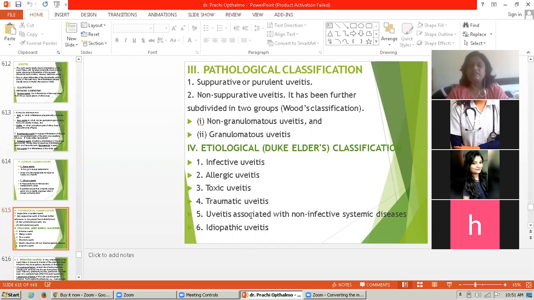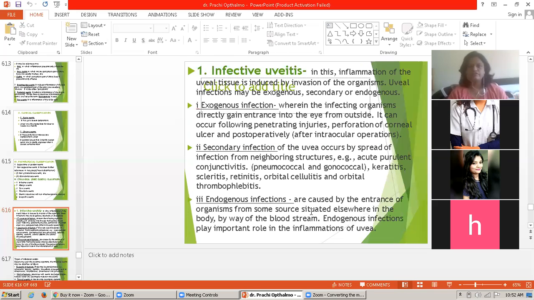And fifth is uveitis associated with non-infective systemic diseases. Firstly, in the patient there are systemic diseases, but which are non-infective, and then it leads to uveitis. Sixth one is idiopathic uveitis, the last type of the etiological classification of uveitis.